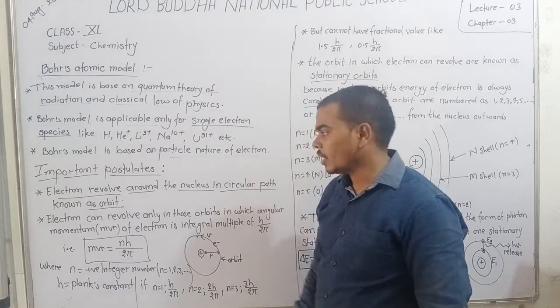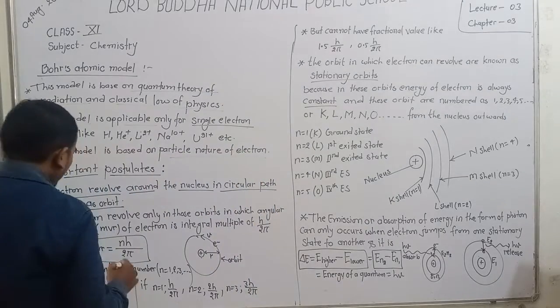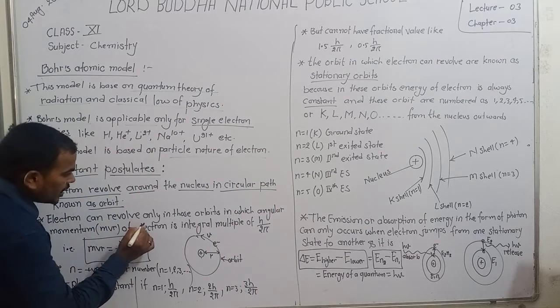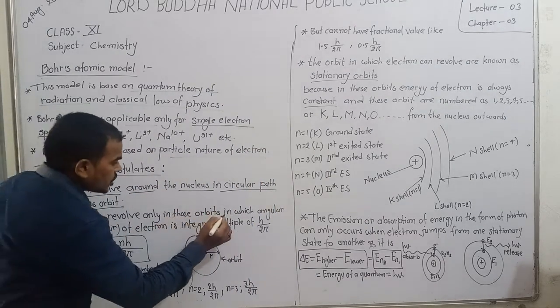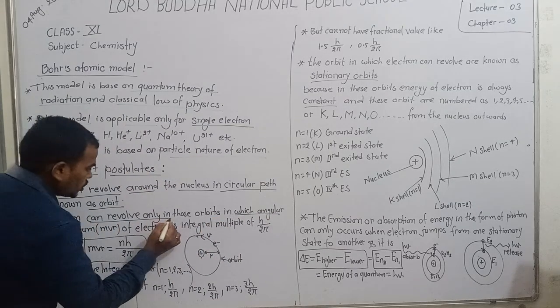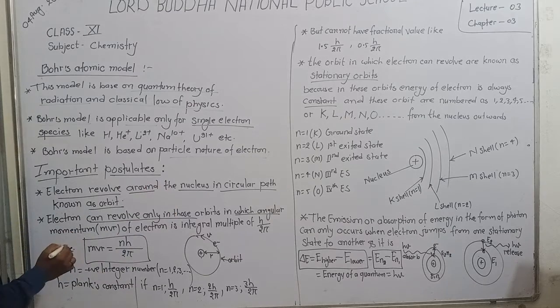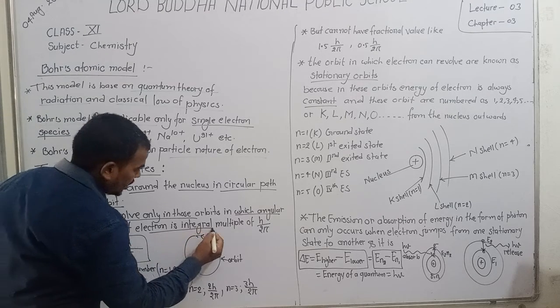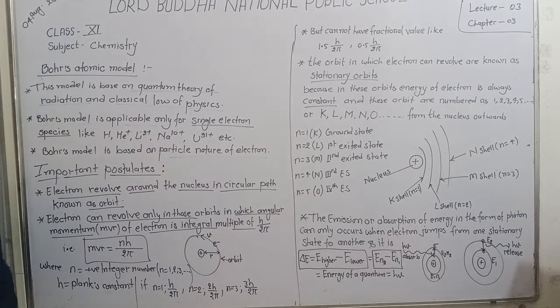Okay student? Dear student, an electron can revolve only in those orbits in which the angular momentum, mvr of the electron, is an integral multiple of h upon 2 pi. Okay, you know that the angular momentum is represented by mvr.